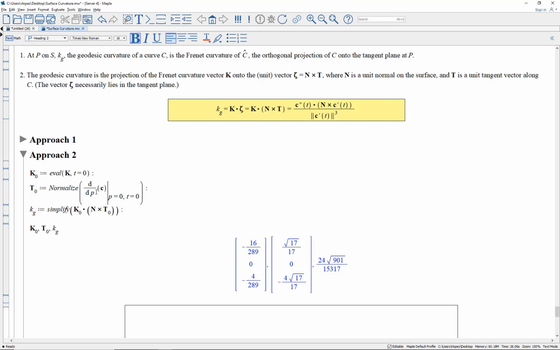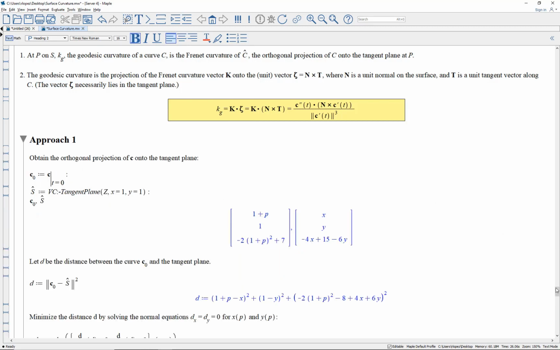Then the tangent vector: this will give us the tangent for every member of the family. This picks out one member of the family, and this puts us at the point P, so that would be this vector. Then I need n cross t. That's the zeta vector, and a dot product with k should give me kg.